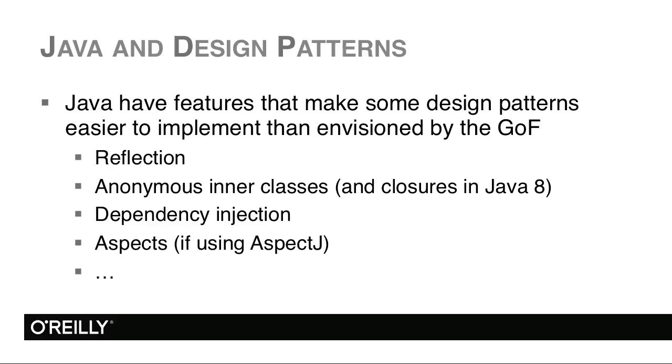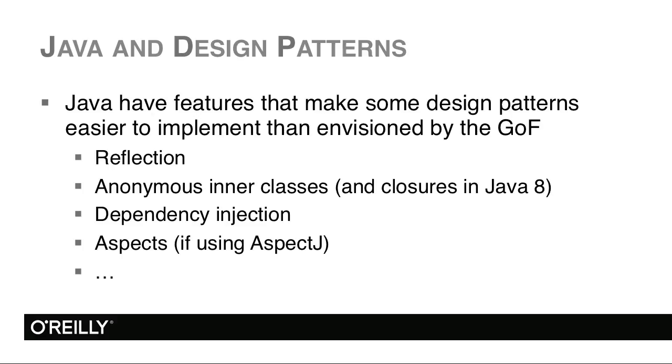So in Java, for instance, we have a few things that probably were not envisioned by the Gang of Four and certainly not assumed when they were defining the patterns. Things like reflection, for instance, or anonymous inner classes, or maybe even closures, which are coming in Java 8, dependency injection, aspects, if you use AspectJ. There are a set of these constructs that you can implement in Java in a very specific way.